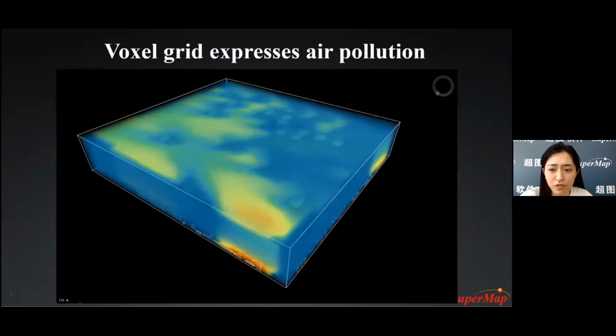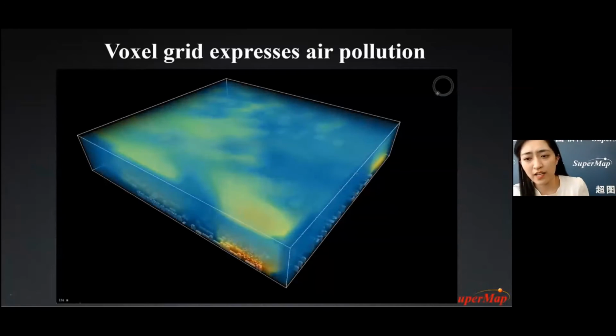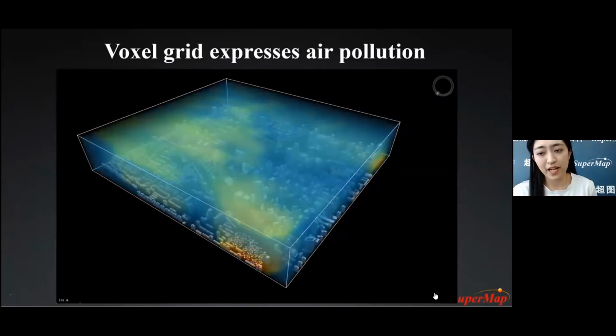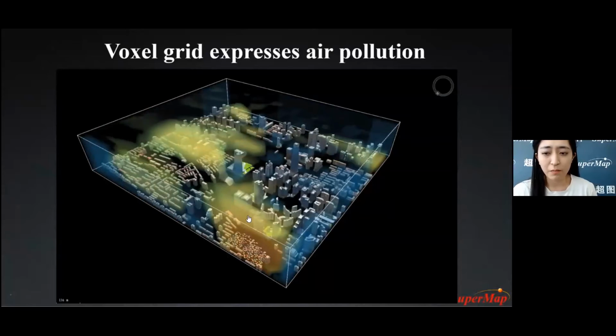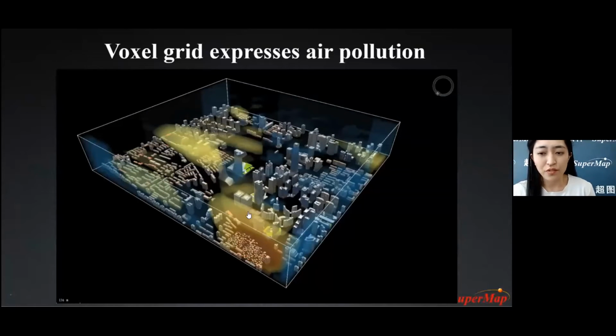It can also be filtered and displayed based on the attribute values to express the areas with more serious pollution. And the voxel grid can also be dynamically sectioned to view the effect of the internal section plane. So we could see the internal section plane.